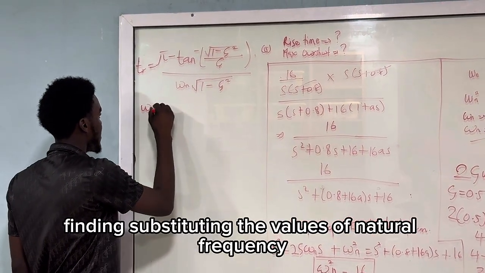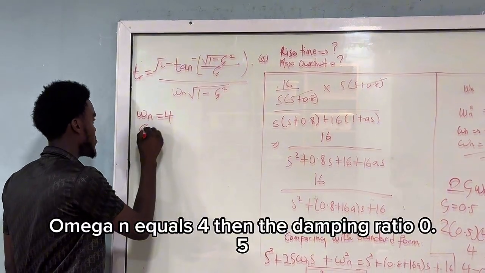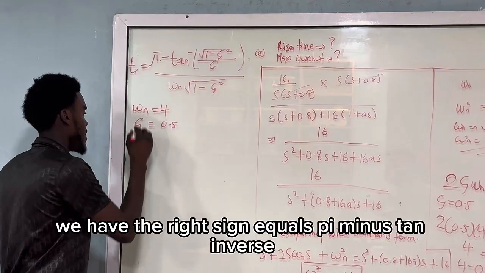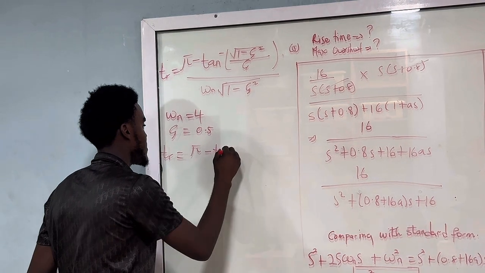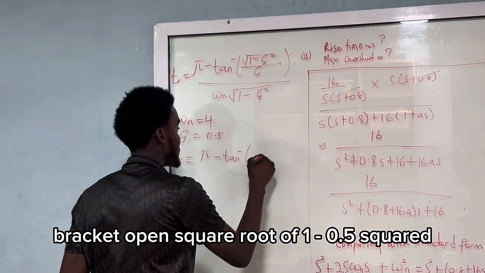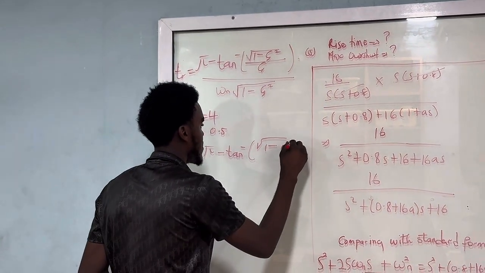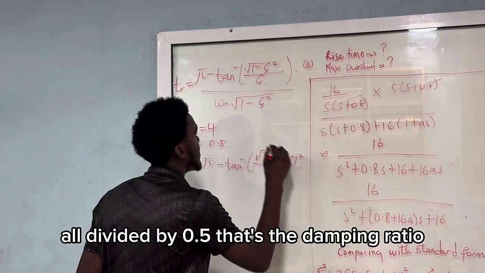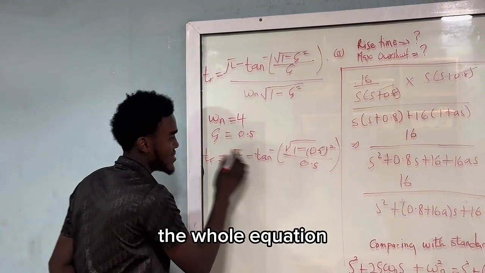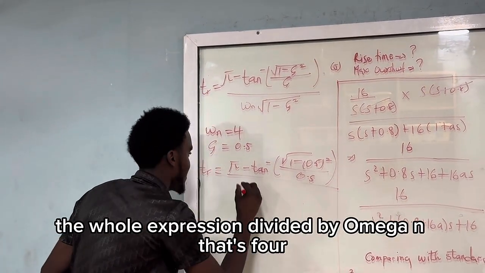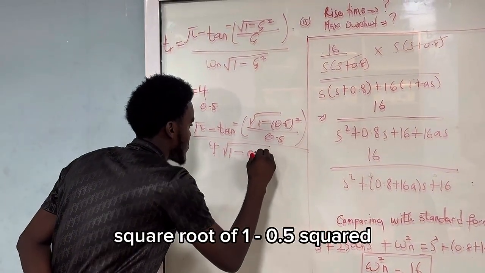Substituting the values of natural frequency omega n equals 4 and damping ratio 0.5, we have the rise time equals pi minus tan inverse of the bracket, square root of 1 minus 0.5 squared, all divided by 0.5, the whole expression divided by omega n, which is 4 times square root of 1 minus 0.5 squared.